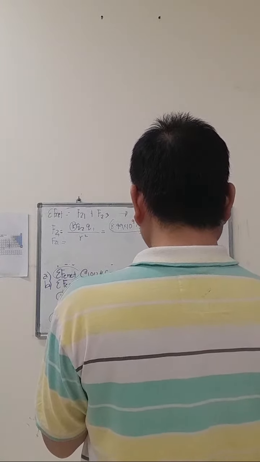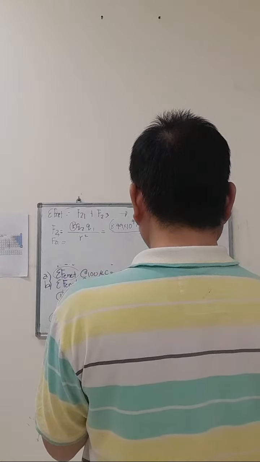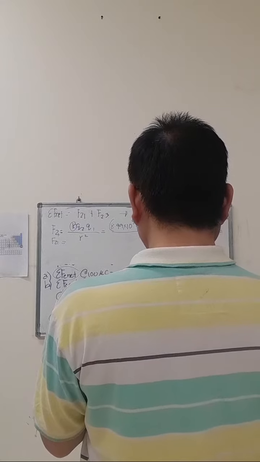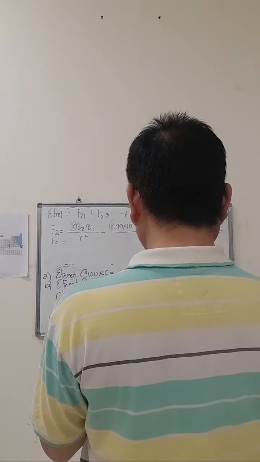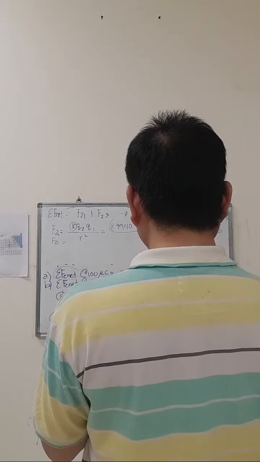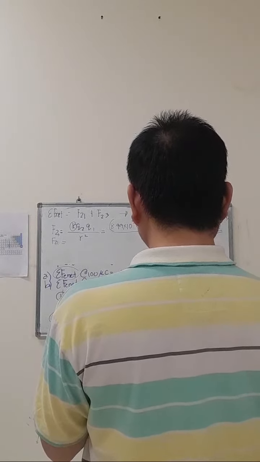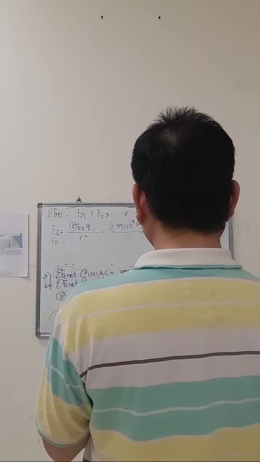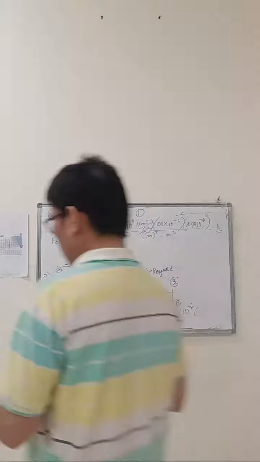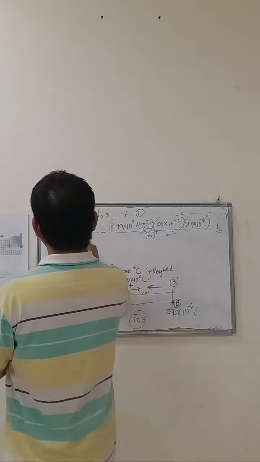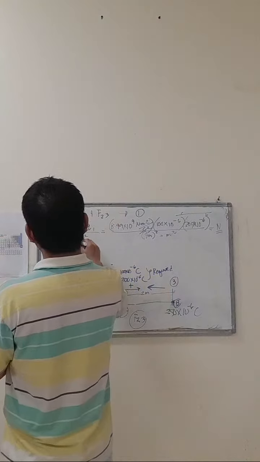Times 100 exponent to the negative 6, equals, times 8.99 exponent to the 9, and then divided by 16, because 4 raised to the power 2 is 16. It's going to be 12.84. So 12.84 Newtons.